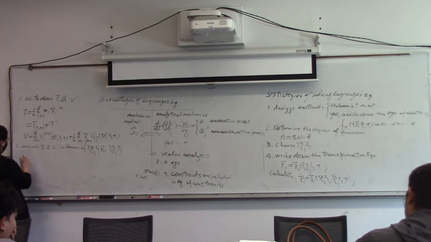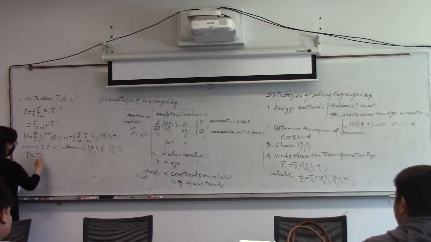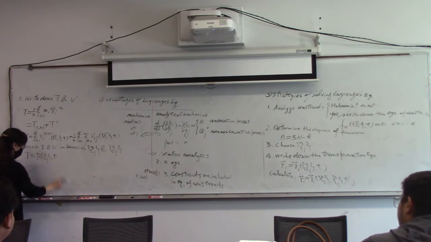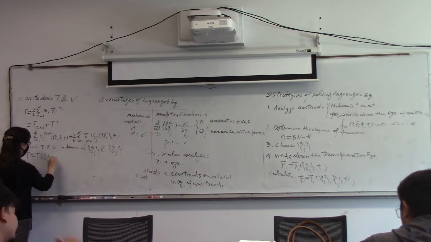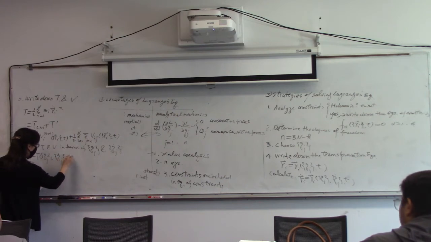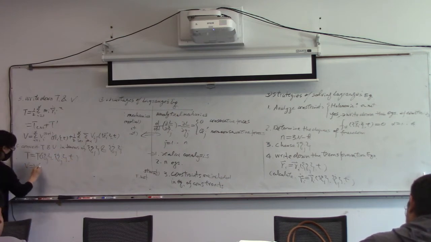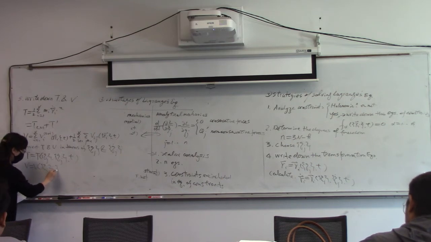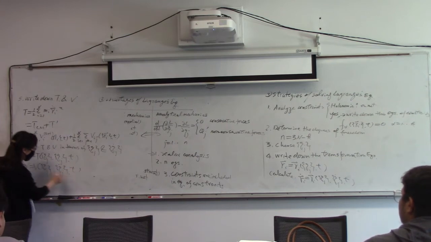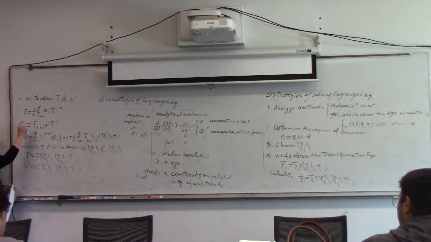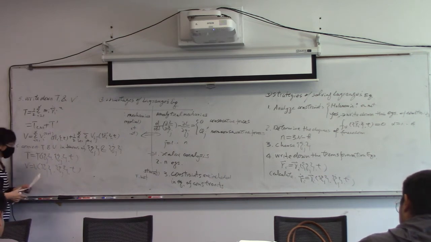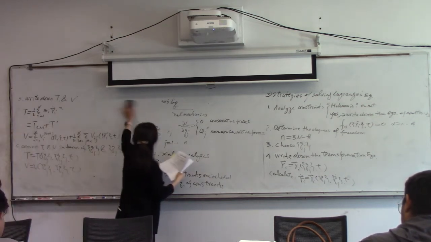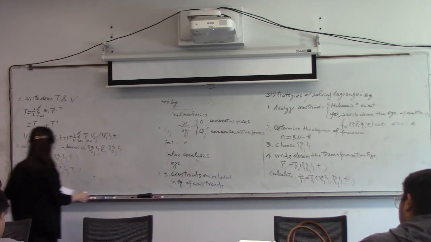Then the kinetic energy is now a function of general coordinates and general velocity, and your potential is also a function of, maybe only general coordinates, but sometimes maybe also include this. So you first write down correctly the kinetic energy and potential, then you substitute Ri and Ri dot into here. Then your kinetic energy and potential energy are functions of general coordinates. Now you can go to build up the Lagrangian, right?